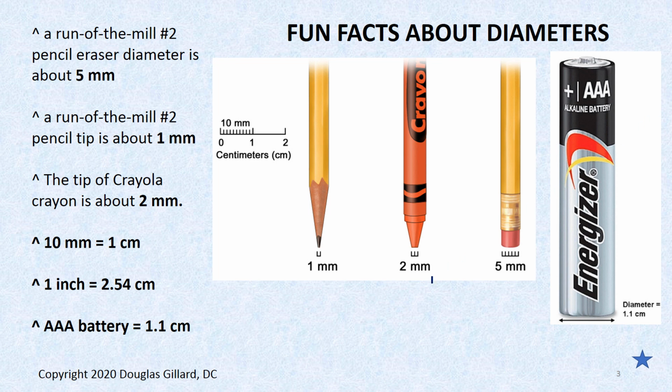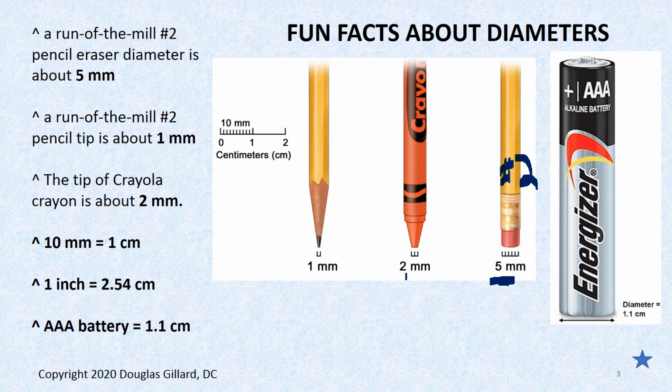Before we start, just to help you get an idea of gauge diameters. A run-of-the-mill number 2 pencil has a diameter of about 5 millimeters. Those little extra big ones are 6 millimeters, but a regular one is 5 millimeters.